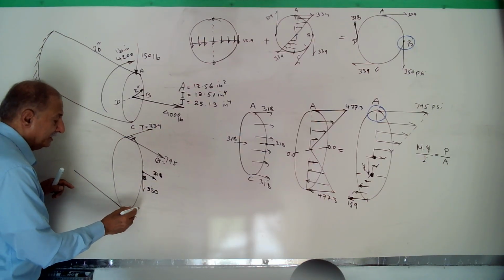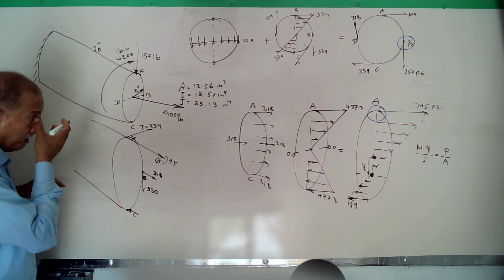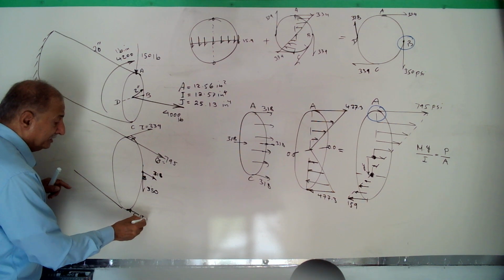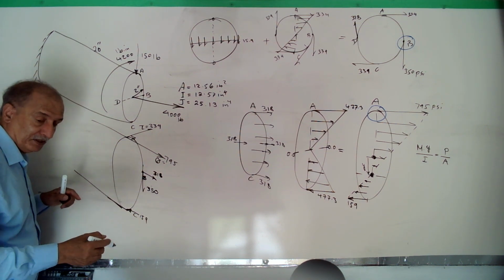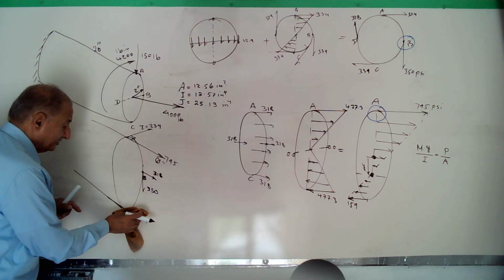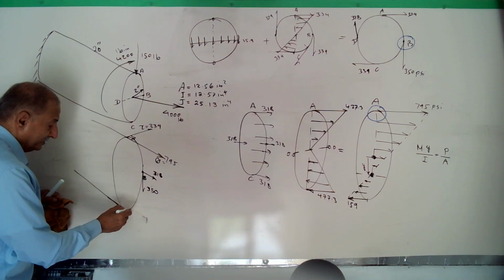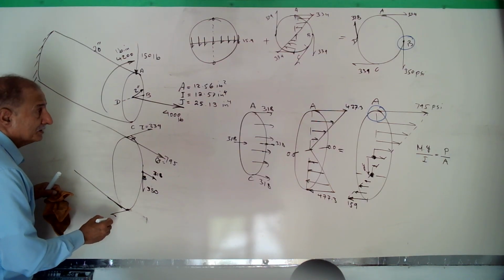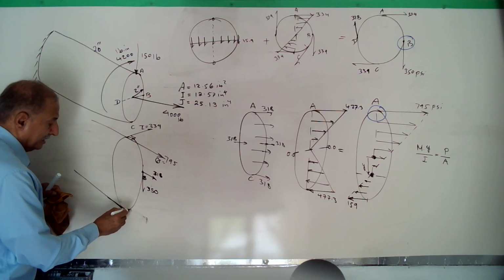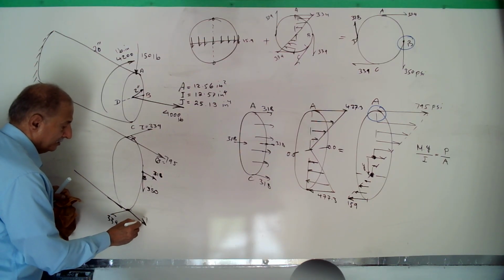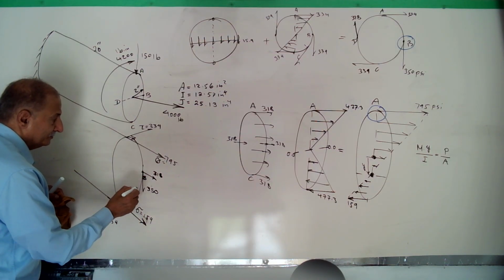And at C, we have a compressive stress 159 and torque is not in the same direction. Let's show it differently. Torque is in this direction, 334, and normal, how much? 159 sigma.